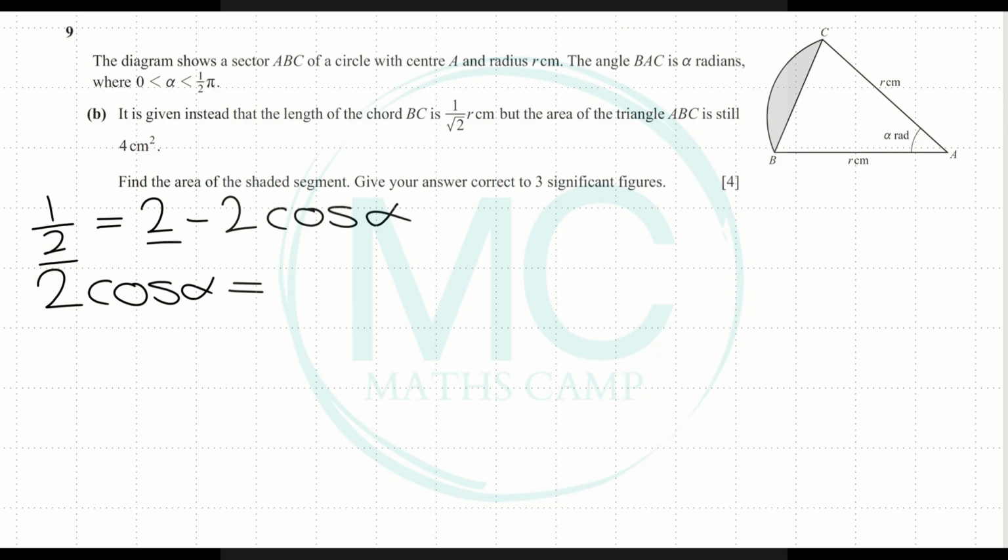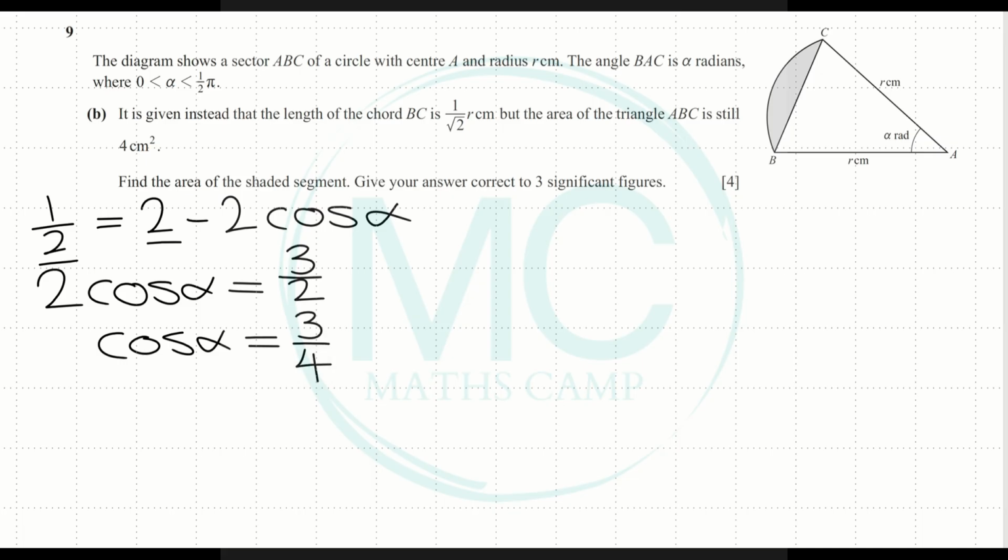Let's move 1 over 2 to the right. So I'm going to subtract 2. 2 minus 1 over 2 leaves me with 3 over 2. To get the ratio by itself, let's divide both sides by 2. And I get cos alpha is equal to 3 over 2 divided by 2, which is 3 over 4.